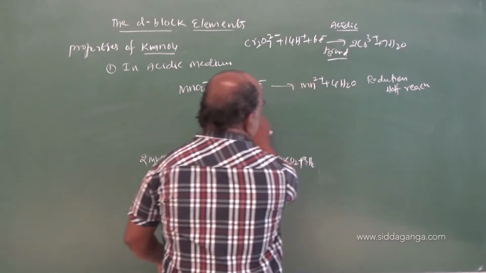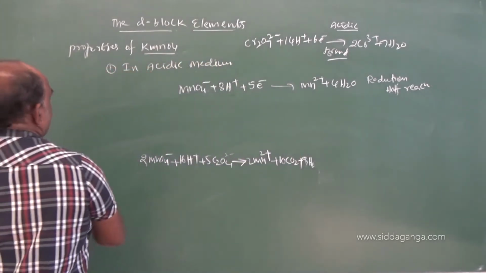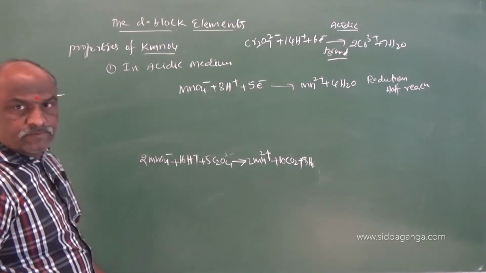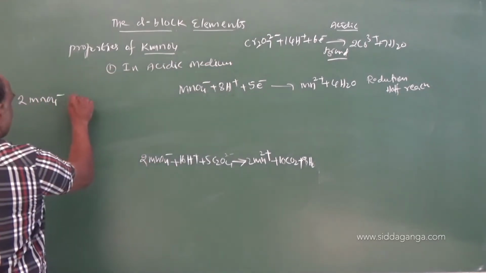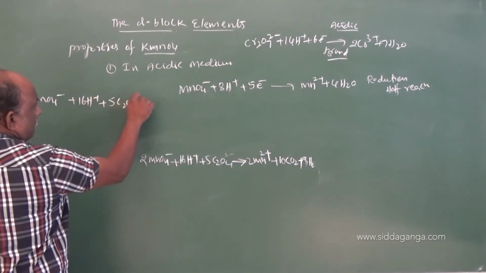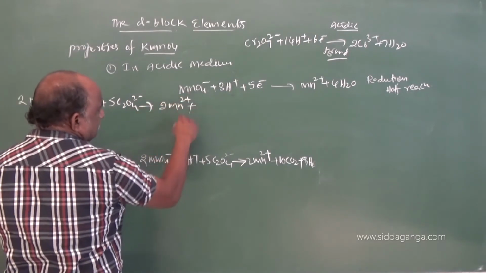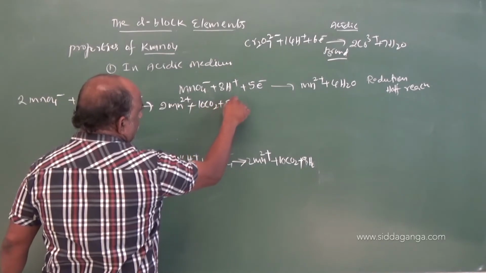Oxalic acid: 2MnO4 minus plus 16H plus plus 5C2O4 2 minus gives 2Mn2 plus plus 10CO2 plus 8H2O.